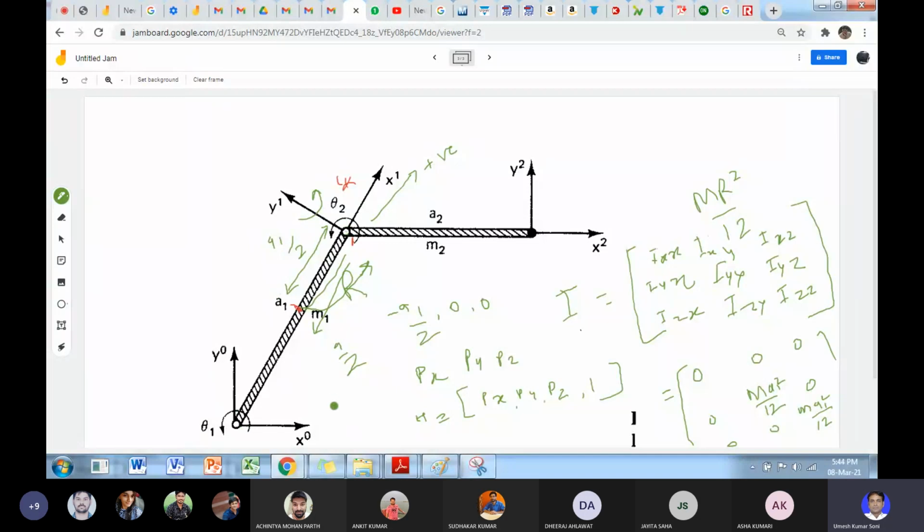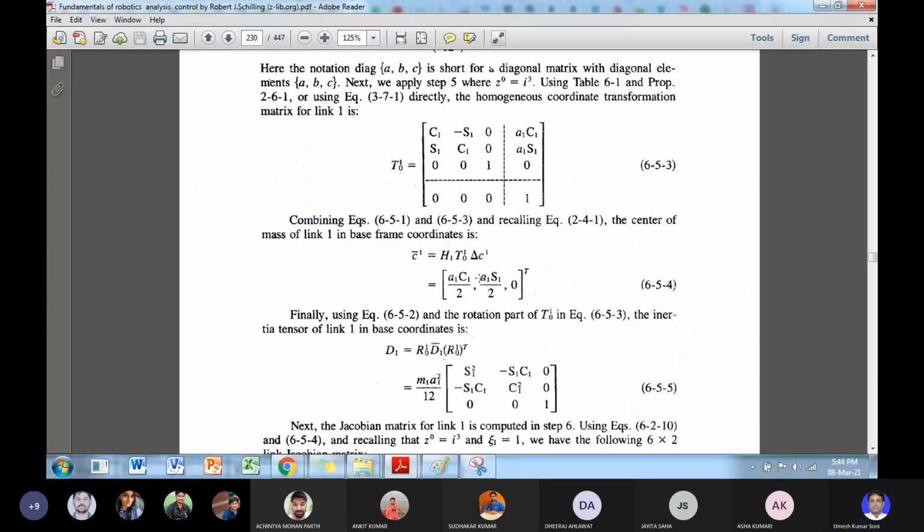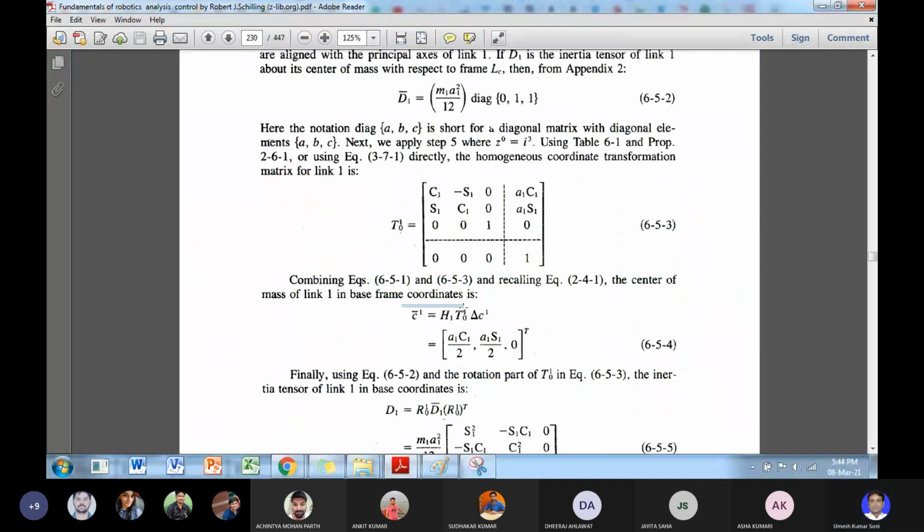So the position of the LK coordinate will be A1 cos theta and A1 sin theta with respect to this L0 frame. Okay, so this is the orientation matrix and this is the position matrix. So you have determined the center of mass coordinates with respect to the base frame.